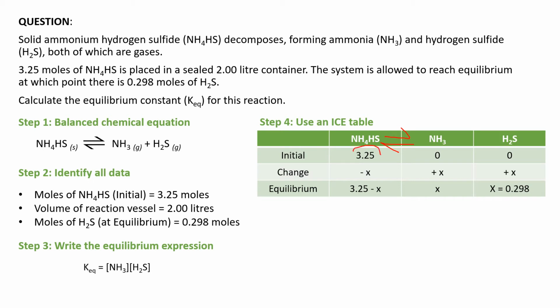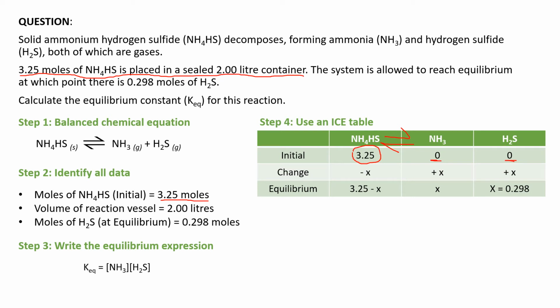So initially, this value here, the initial number of moles of ammonium hydrogen sulfide, we know is 3.25 moles. We got that from the question. And when it was initially placed into the reaction container, there's no mention of anything else that was placed. So initially, the 2 other substances had no moles present.